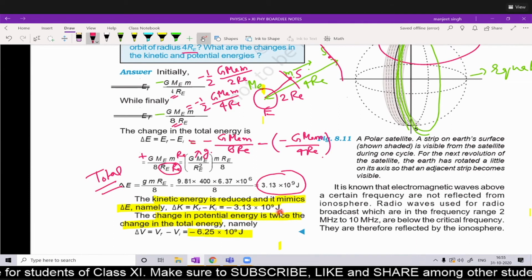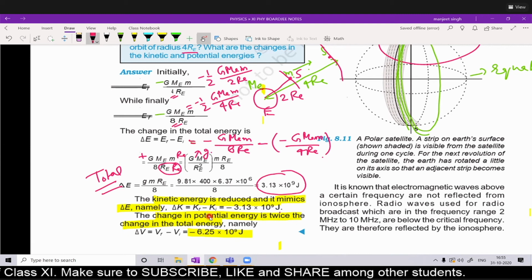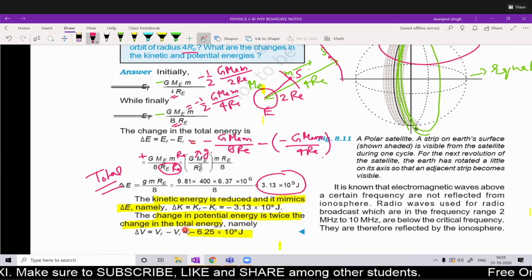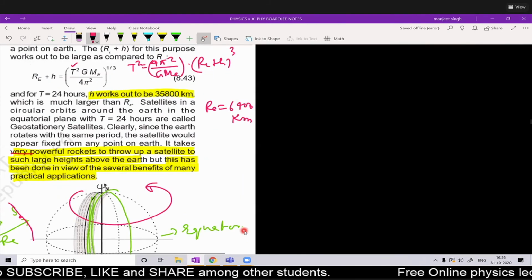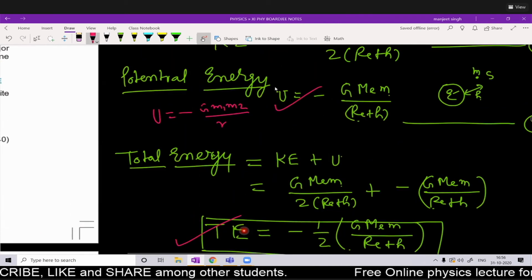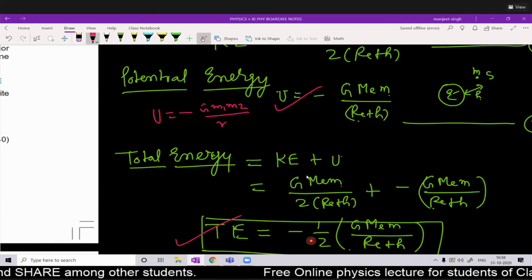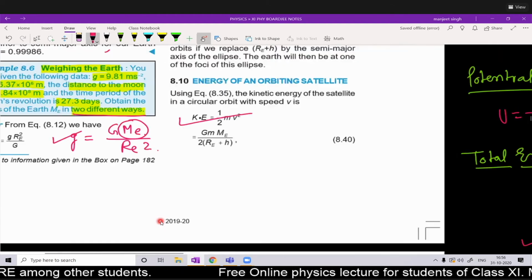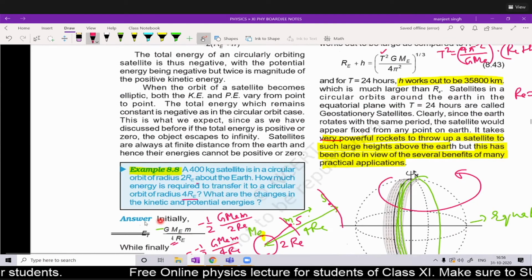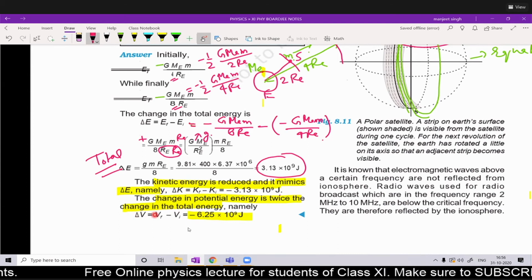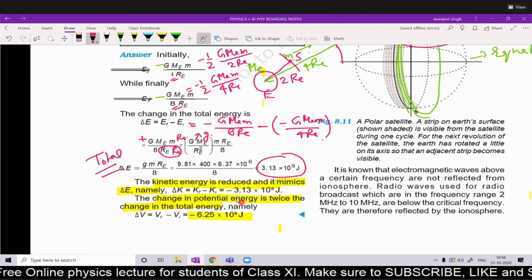What is the change in the potential energy? The expression for potential energy will be twice the change in the total energy. Double of the total energy. You see here, the potential energy is twice of this total energy and the sign is the same. So change in potential energy is twice the change in the total energy. So we double it, minus 3.13 into 10 to the power 9, double it, keep the sign same.